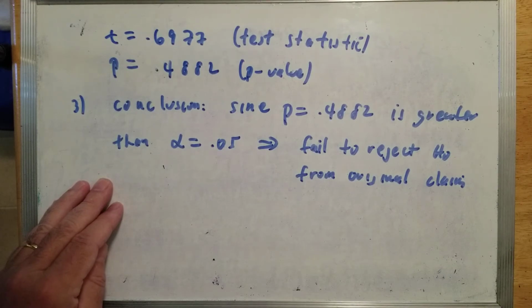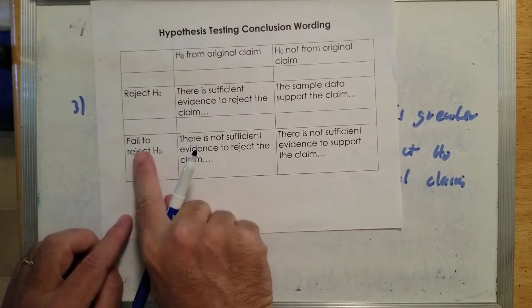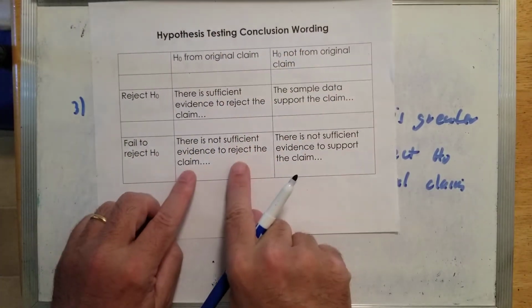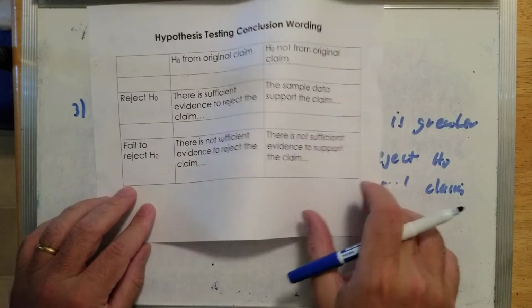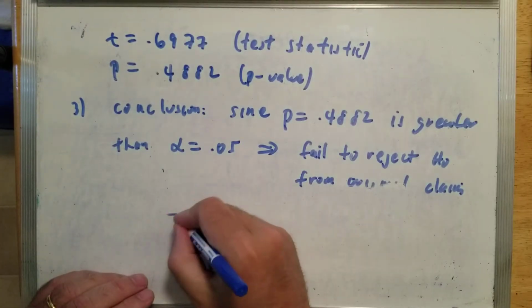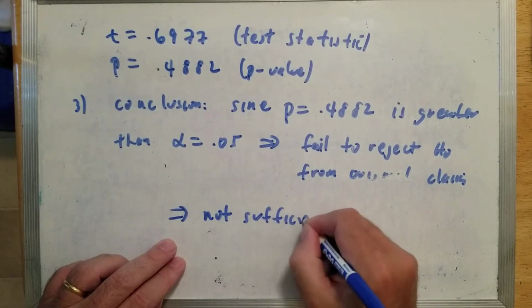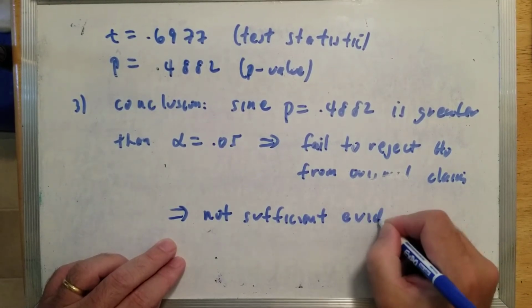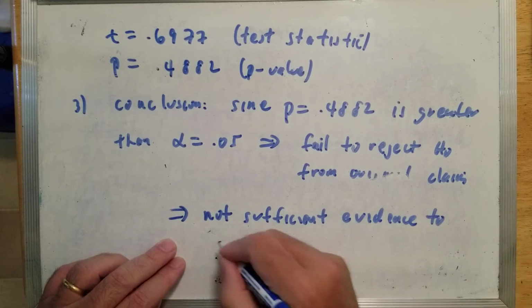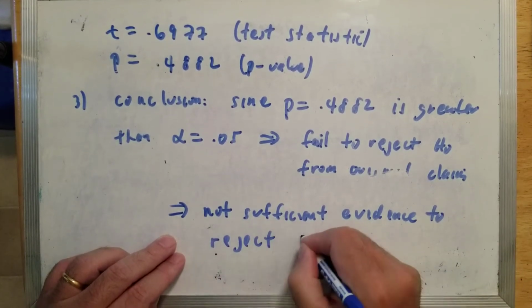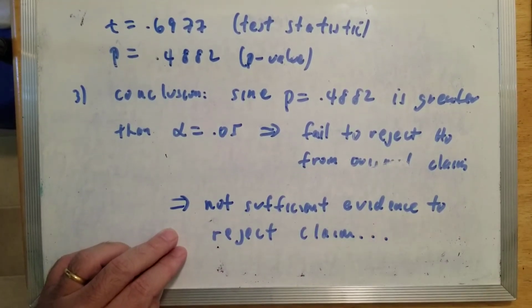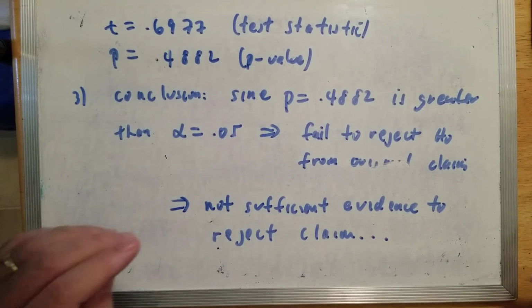So if I look at the wording chart for the conclusion: fail to reject H null from original claim. There is not sufficient evidence to reject the claim that skunks and cats have the same height.